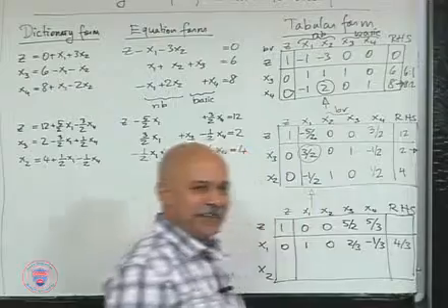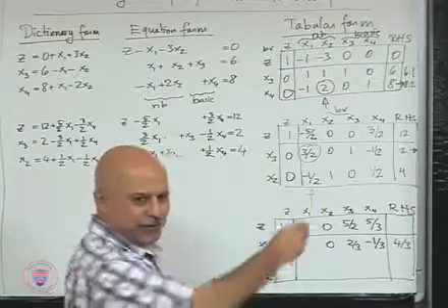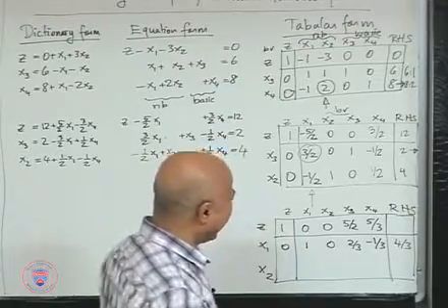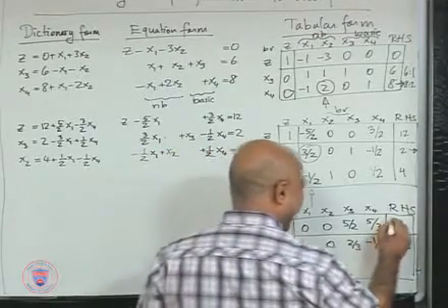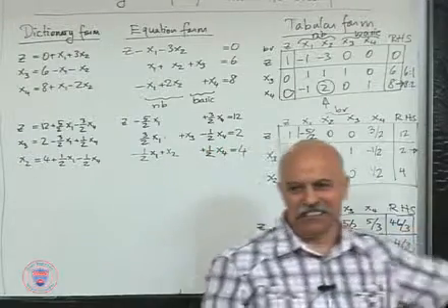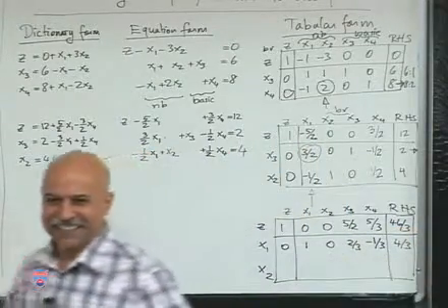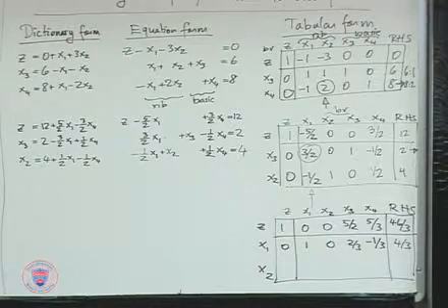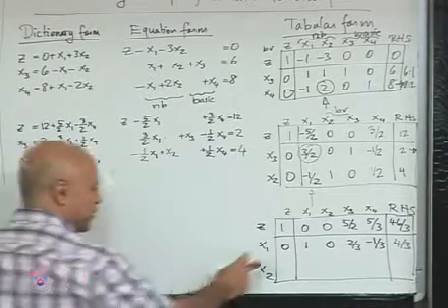I believe you, Sibel. You took it from there? Of course, you can copy it down from the dictionary form, which we already have. What is the last row?